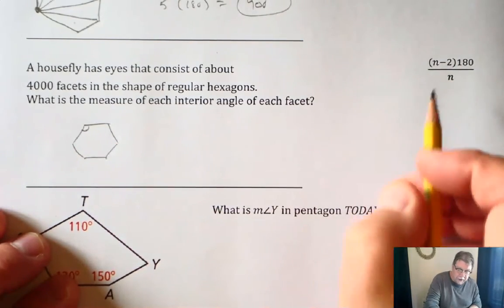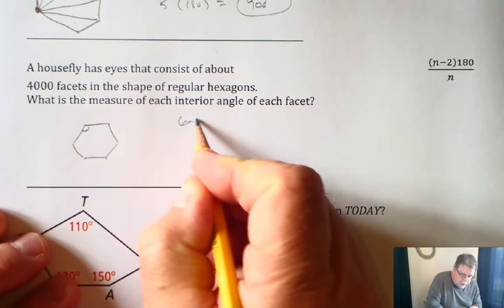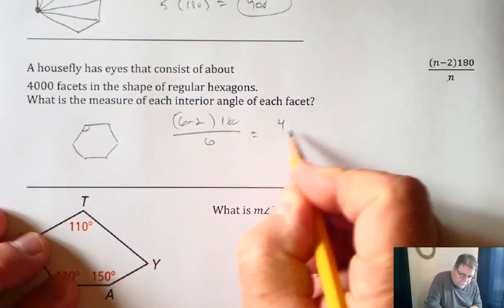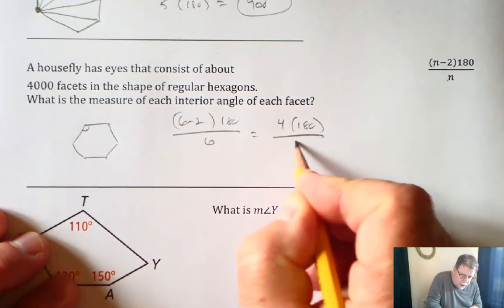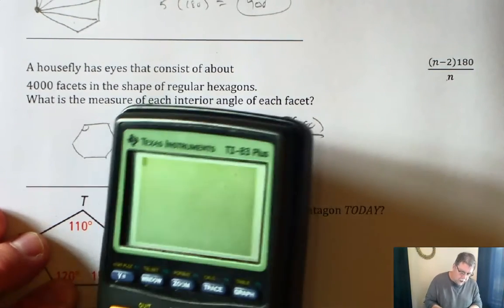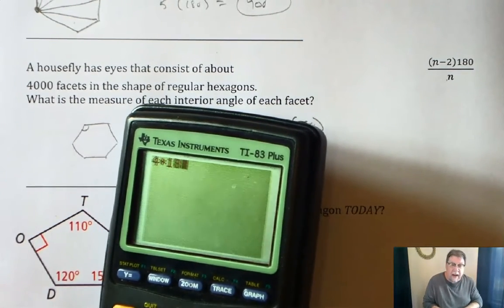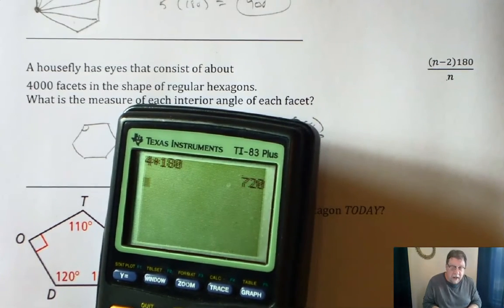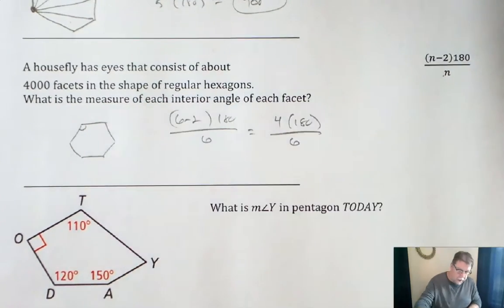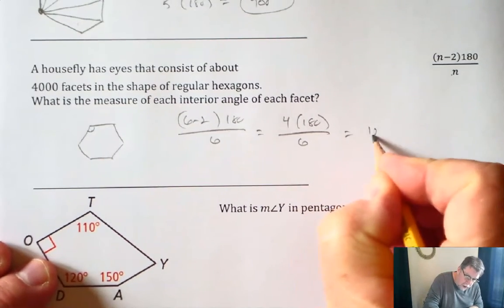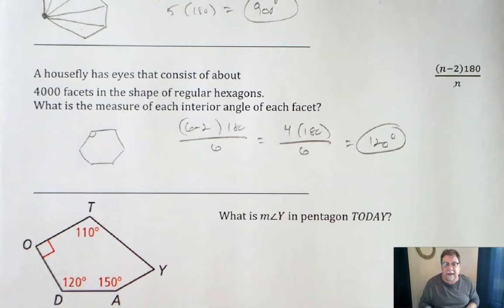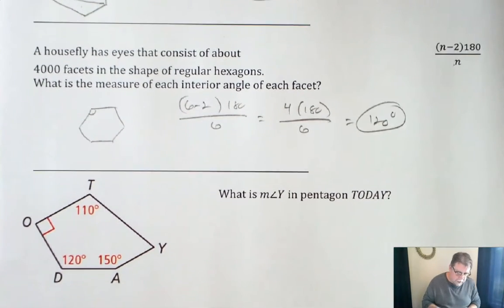I'll plug 6 in for n in both cases. 6 minus 2 times 180 divided by 6. That's going to be 4 times 180 divided by 6. Grabbing the calculator, 4 times 180 is 720. We divide that by 6, and we get 120 degrees. And if you notice, they're all obtuse angles, so it makes sense that it's 120 degrees.